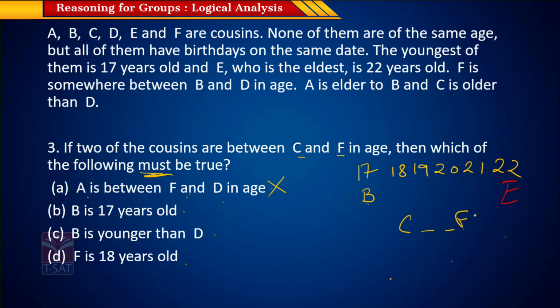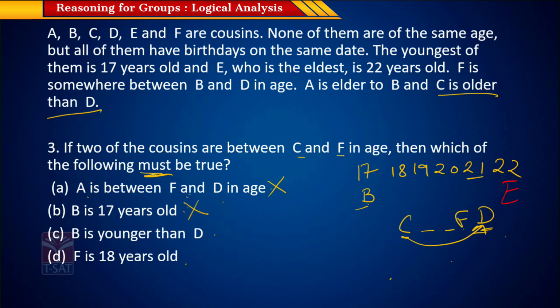So if B is here, D has to be at this position, that is at age 21. And in this arrangement, you can directly see that C will always be younger than D. So this is not a possible combination because C has to be older than D. So this again doesn't have to be true.